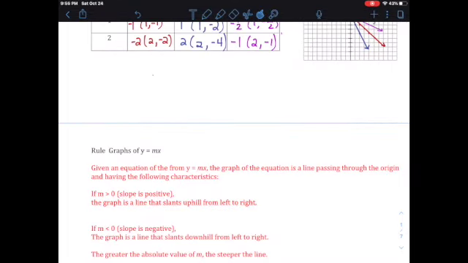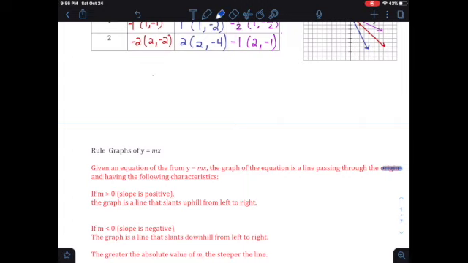Rule: graphs of y equals mx. Given an equation of the form y equals mx, the graph of the equation is a line passing through the origin. And that is very important. It will always pass through the origin, which is 0, 0, and have the following characteristics.